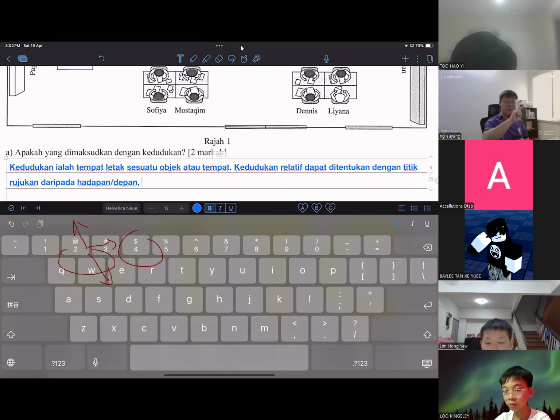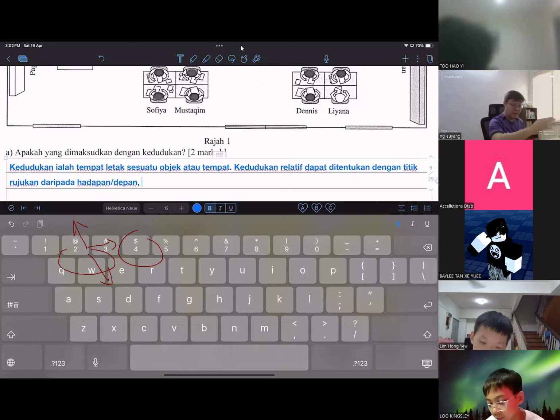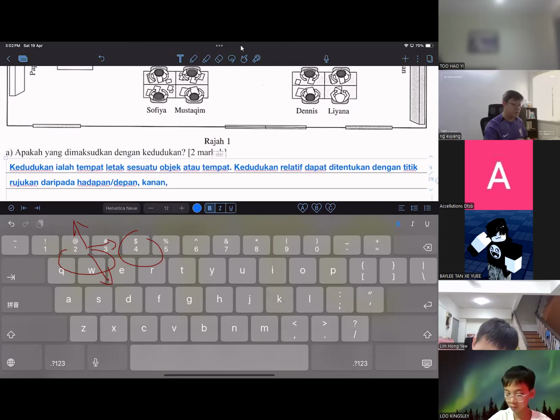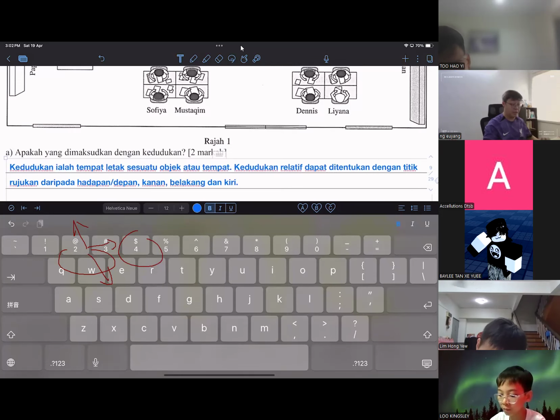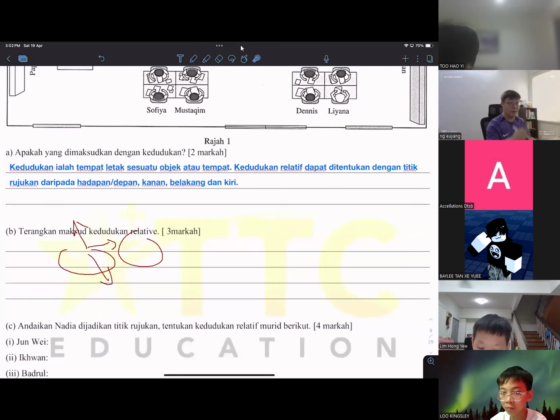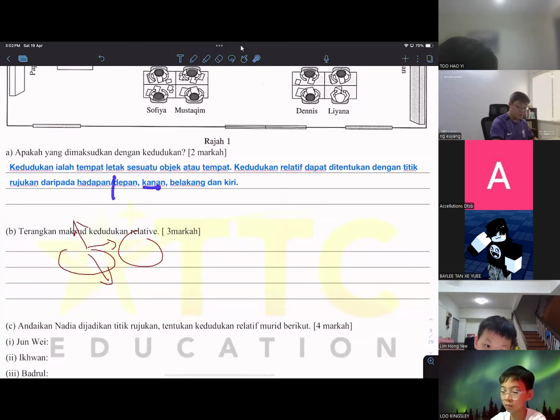So remember from your arah mata angin, right? So we have the utara that's known as depan. Then your timur is known as your kanan. So your selatan is known as your belakang. And your left hand side barat is your kiri. So usually I recommend students to memorize the arah mata angin according to north, east, south, west. Then this is our front, right, back, and left.